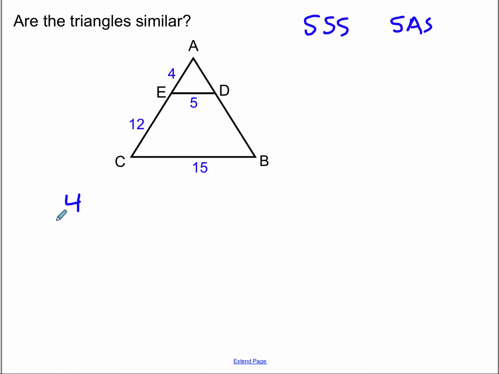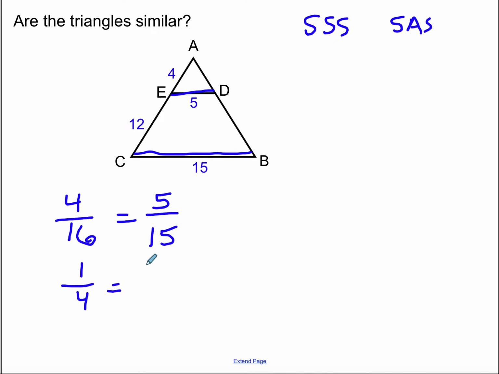That one was 4/16, and that has to be equal to this side over this side, which is 5/15. Well, 4/16 is 1/4, and 5/15 is 1/3. So right away, we can see these sides are not proportional, which means these triangles are not similar. So no, these triangles are not similar.